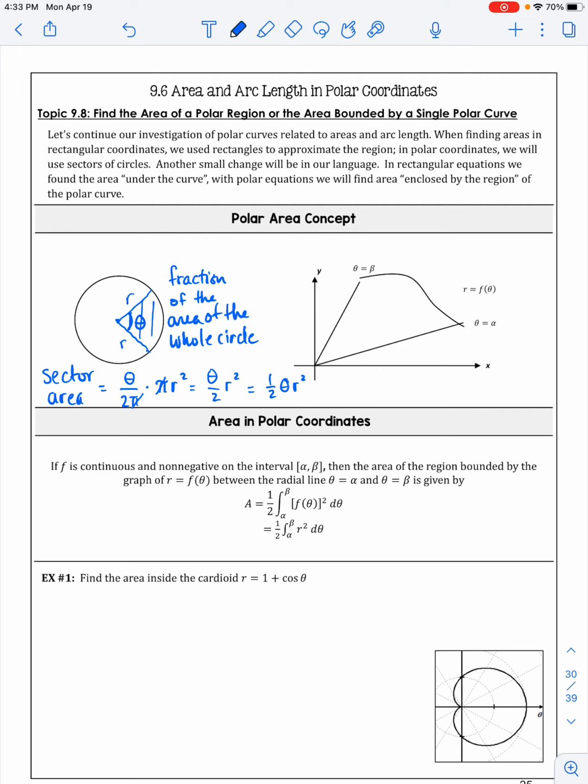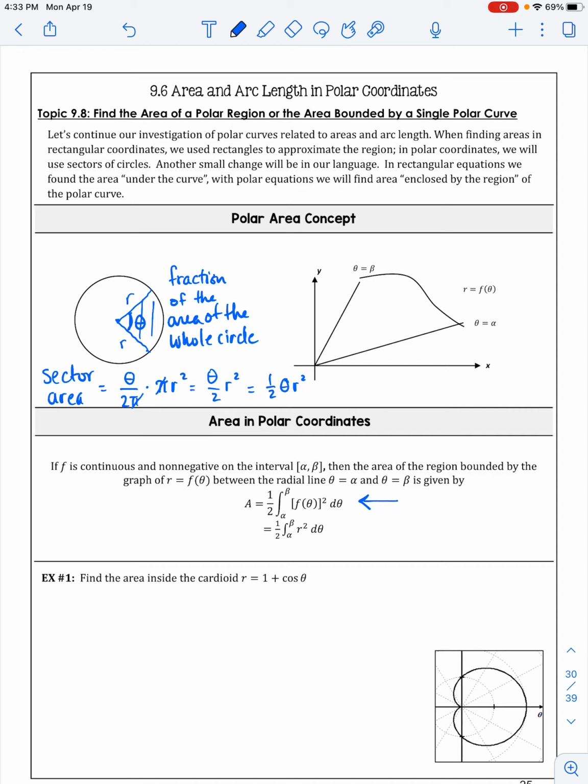A lot of times we write this as 1/2 theta times r squared. So that is the area of the sector of our circle, and that's what we're going to be using when we apply this. This is like our 1/2, this is like our r squared, and this is our theta.